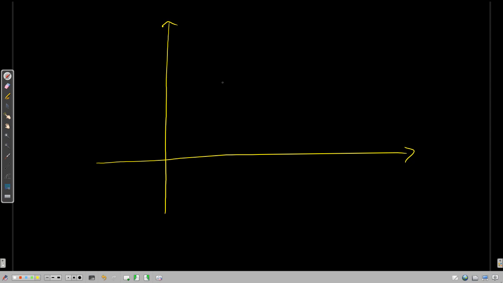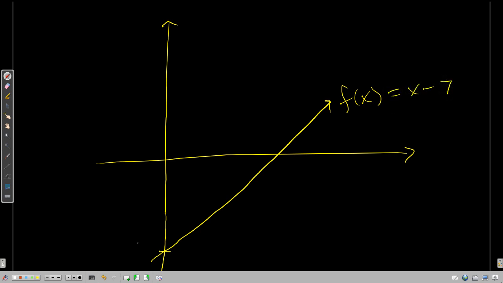I need to plot the function x minus 7. That's a function that has a y-intercept of negative 7 and a slope of 1. So this is my function, because that's minus 7 right here.